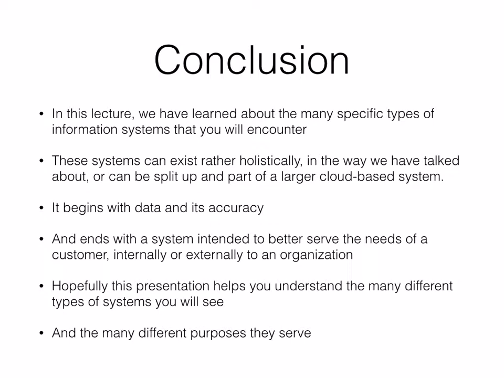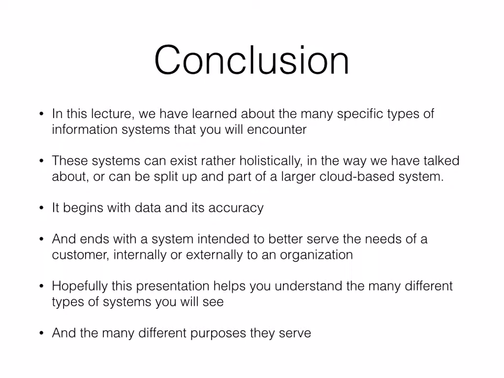And that was why I spent a bunch of time talking about transaction processing. And then it ends with a system that's intended to better serve the needs of the organization, of a customer, internally or externally, and provide some strategic advantage or give an organization better competitive advantage with the technology that helps enable the processes and the functions in business that we talked about.